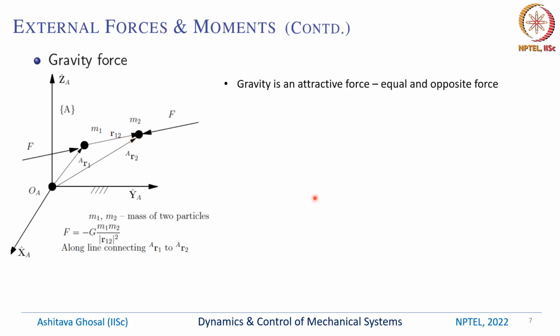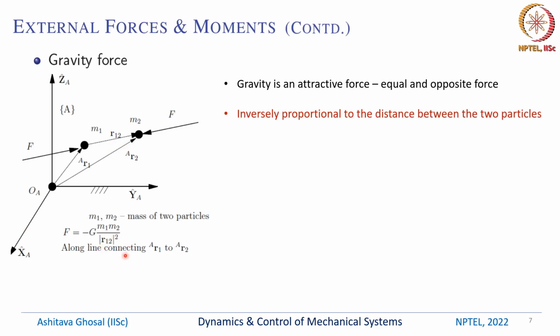So gravity is an attractive force. It is an equal and opposite force. This mass is being pulled towards that mass, and m1 is pulled towards m2, and this attractive force is given by G m1 m2 divided by the distance squared.